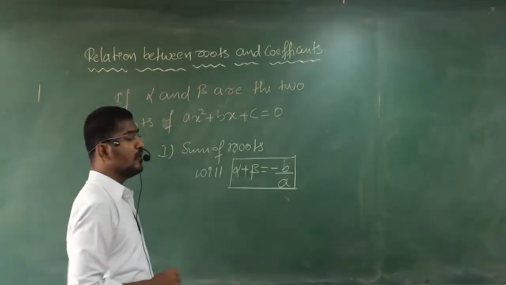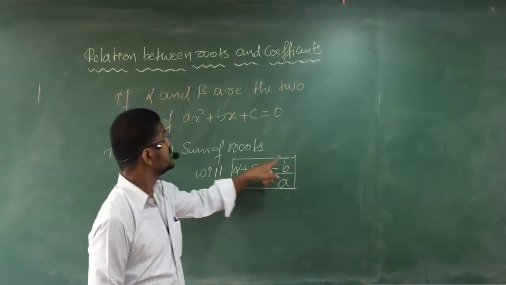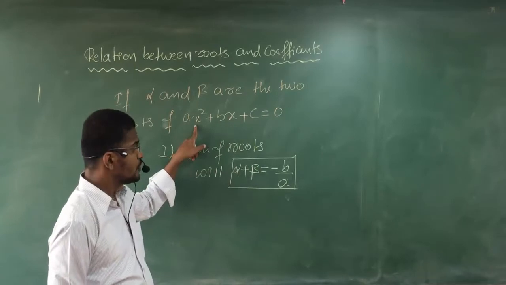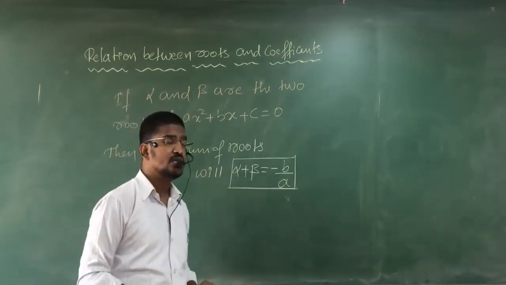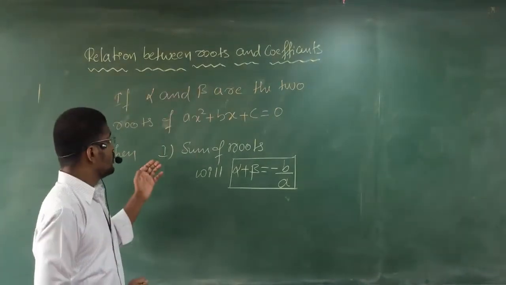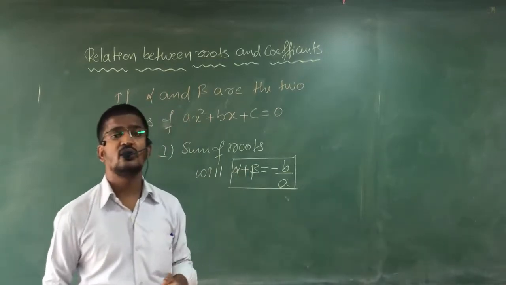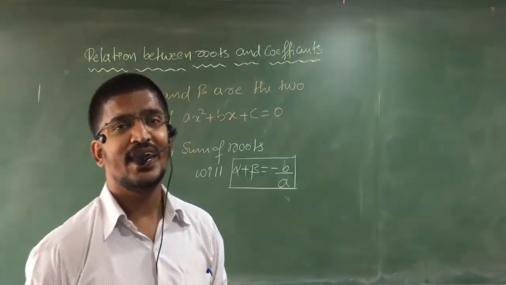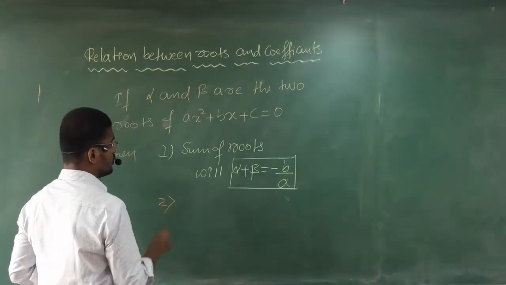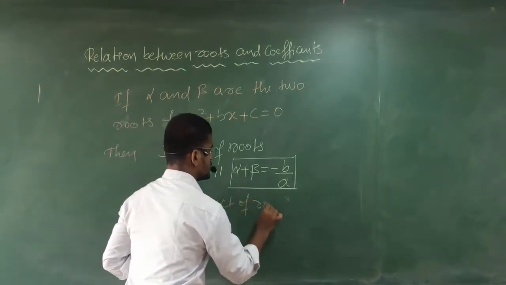Here b is the coefficient of x, and a is the coefficient of x square. So please remember this. These things are very important. Clear? So the sum of roots, alpha plus beta, is equal to minus b by a.